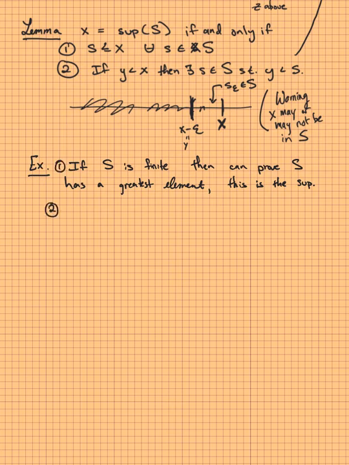For another example, if you look at the set of real numbers between 0 and 1, then the sup is in S as well. It's just equal to 1. The proof is that 1 is clearly an upper bound.